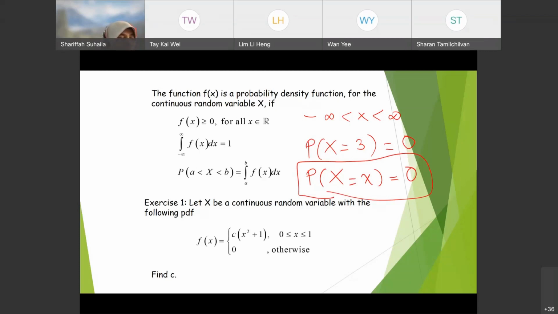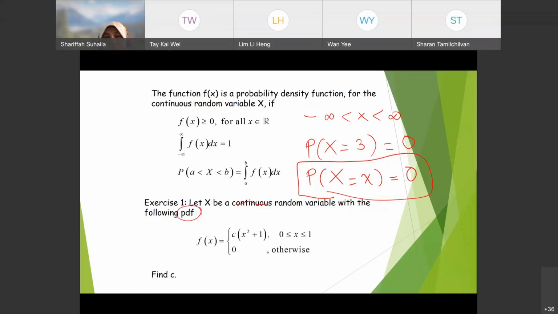So how do you identify whether this is a continuous random variable or not? Let's refer to the first exercise. I already mentioned to you, x is a continuous random variable. I didn't put continuous here. So let x be a random variable with the following probability density function. We have the term PDF again.